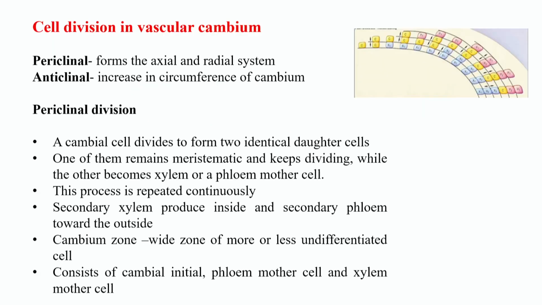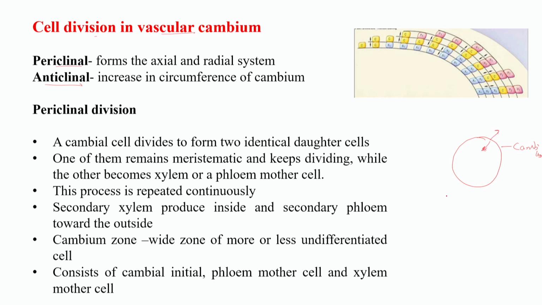Now, in the last part we will describe the cell divisions taking place in the vascular cambium. Two types of divisions are there, periclinal as well as anticlinal. In periclinal division, as I have told you, suppose this is the cambium. It will cut tissue in a periclinal way, increasing the diameter.